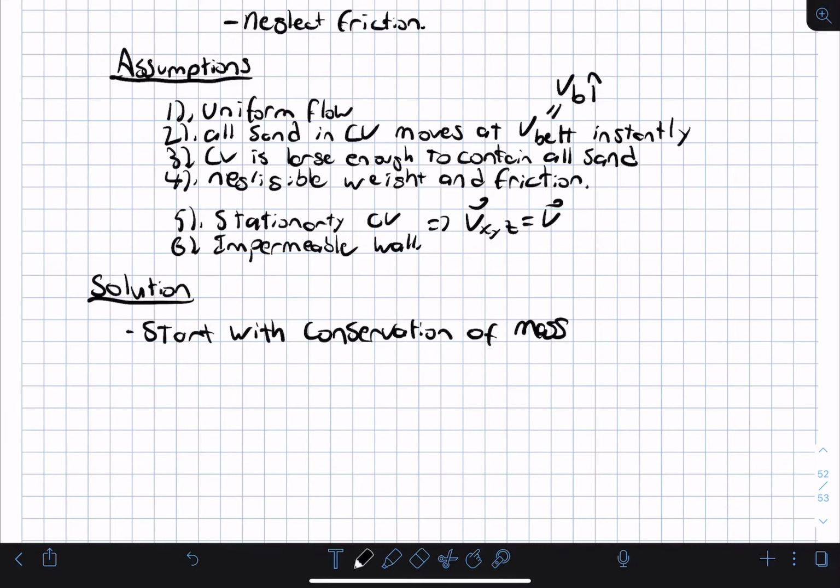As I've mentioned before, I like to write the conservation equations in their full general form.